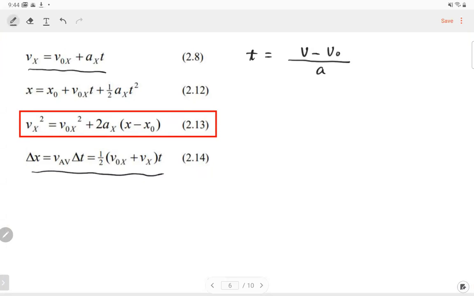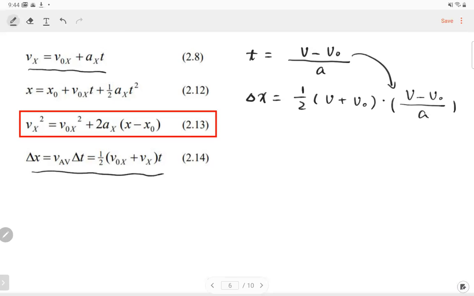And for the last one, we have displacement equals 1/2 times final velocity plus initial velocity, multiplied by time. So the time we are going to replace by the first equation. So we have (v minus v0) divided by a.